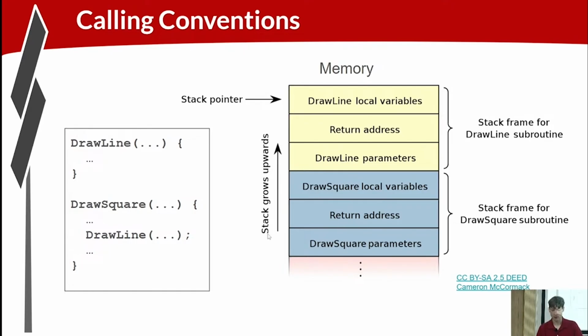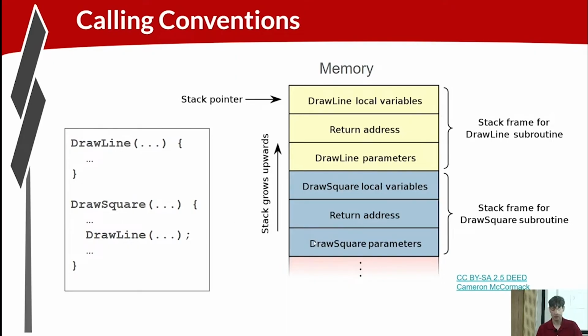Right? So here's depicted a function draw square. Draw square is going to draw a line. So draw square's context is in blue here. It's referred to as a stack frame. So the stack frame includes draw square's local variables. It includes a return address. Where is it going to return to when it finishes?